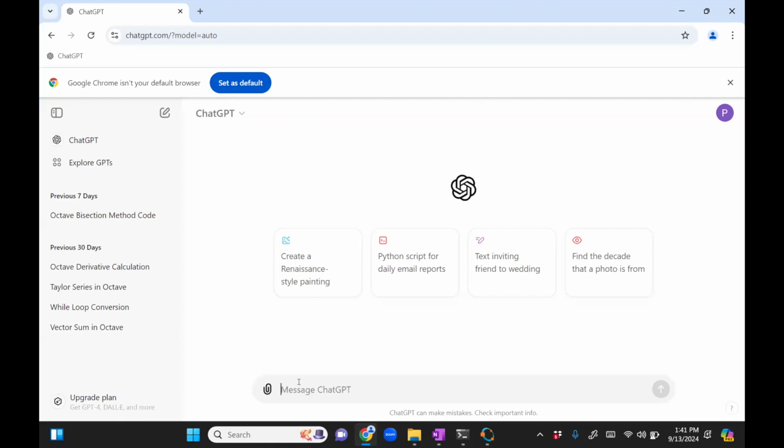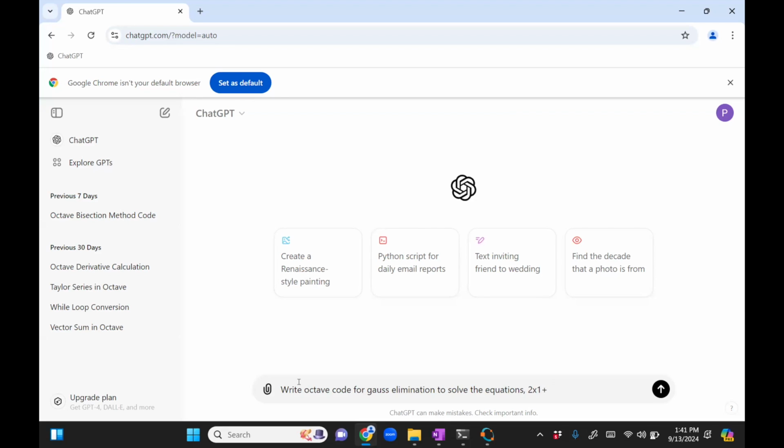Okay, so write Octave code for Gauss elimination to solve the equations. And it's kind of flexible about how you want to write it, so you don't even have to put 2 times x1. I'll try. If it doesn't work, then I'll change it.